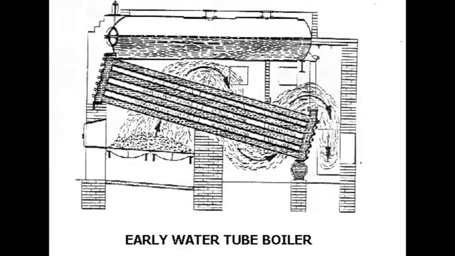The early third generation boilers are water tube boilers, where water is passed through tube bundles placed in such a way that heat is absorbed in the tube and there is more heat transfer area, but at the same time there are much more losses in terms of the exhaust flue gas passing through it.